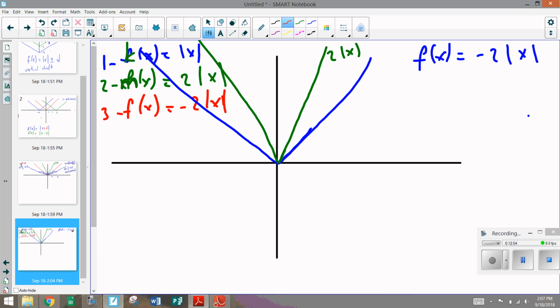Only one negative. One negative makes everything go upside down. So look at the screen, maintain this one and complete it. It's going to be symmetrical, just flipped across the x-axis. So once you flip the green one, they will match. They will overlap. Does that make sense? The green and red, because just the negative makes that flip.